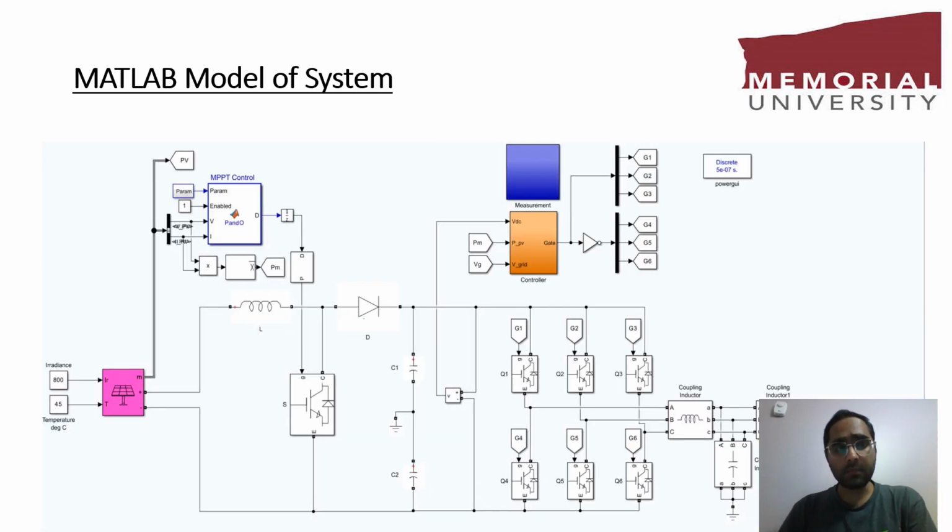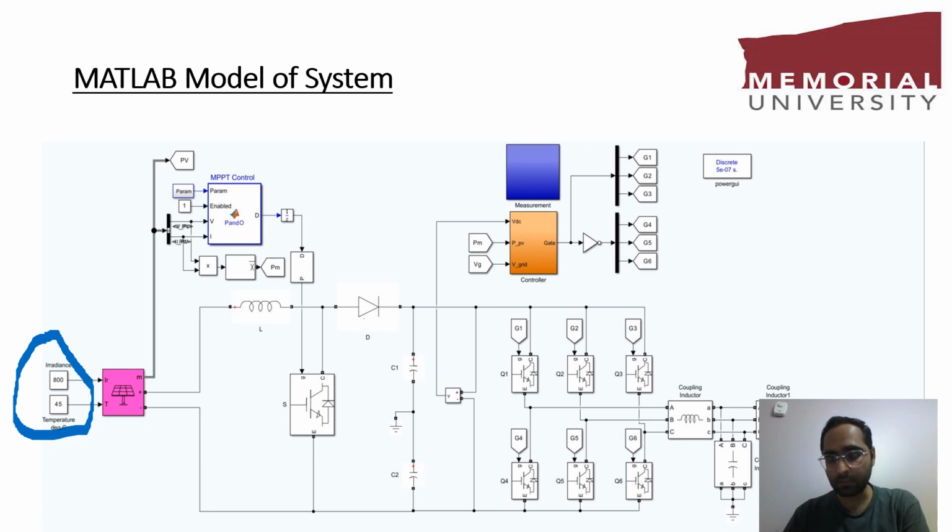Here is the MATLAB model of our proposed system. I can just highlight it because there are different parts. These are the PV panels. This is just a model which displays the actual number of PV panels I mentioned in the last slide. The inputs to these PV panels are here: one is the temperature and the other is irradiance.